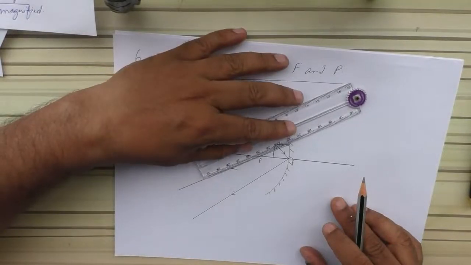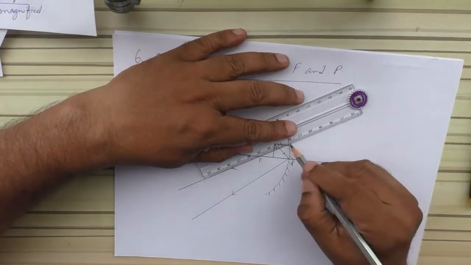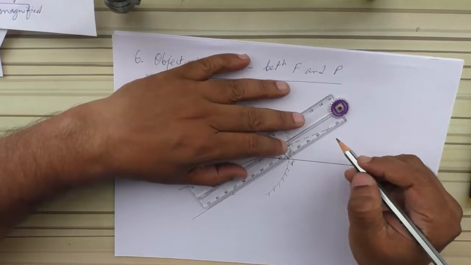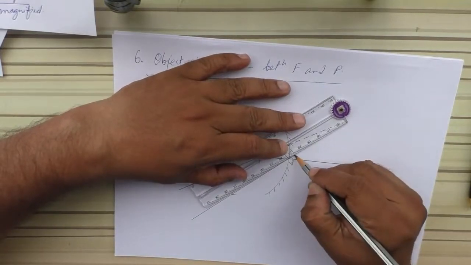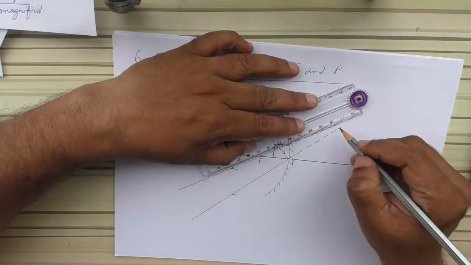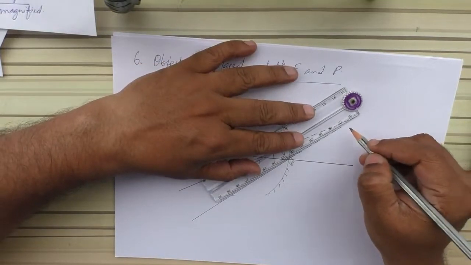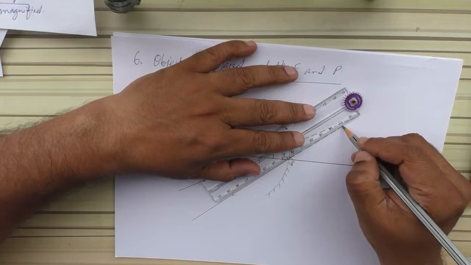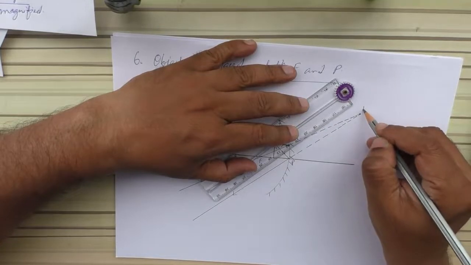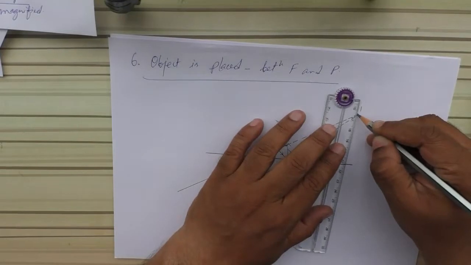If we produce these reflected rays back, we'll see that the two light rays appear to diverge from a point, this particular point, and here we can draw the image.